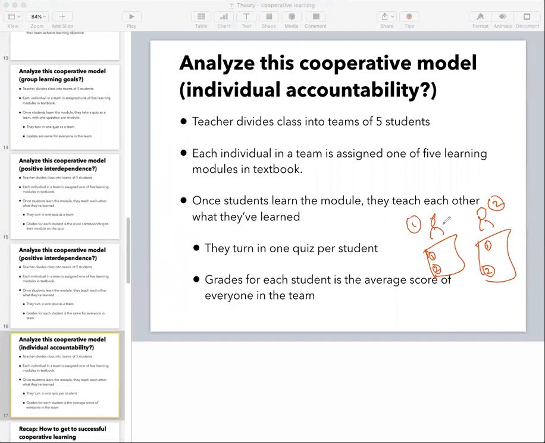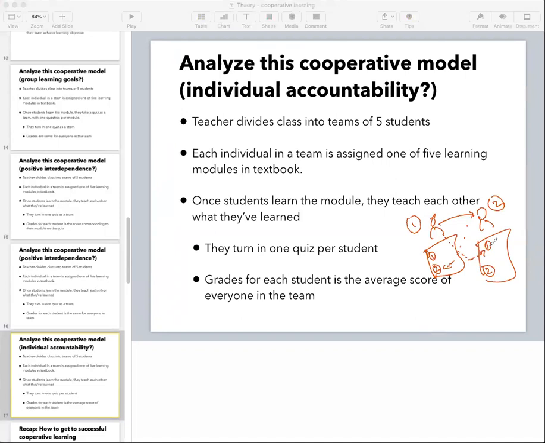So you need 2's help in order to answer this question. Similarly, you who have learned module 2, you need the first student's help in order to answer this question, right?